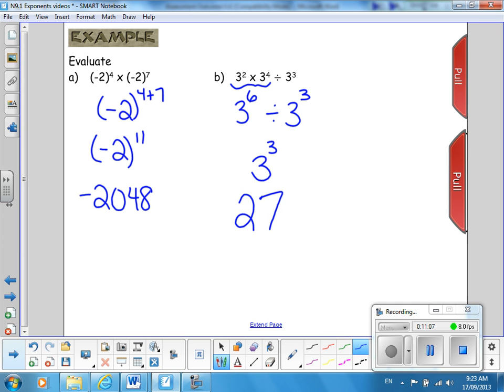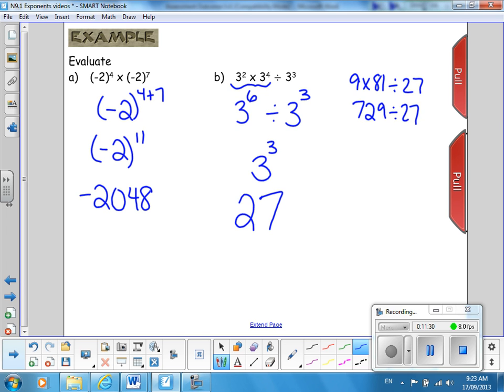If you simplify before you use your calculator, you're only dealing with one evaluation at the end. Whereas if we would have figured all this out, you would have gone 9 times 81 divided by 27. Now you would have had to figure out what 9 times 81 is. That might have taken you a little bit of work. 729 divided by 27.